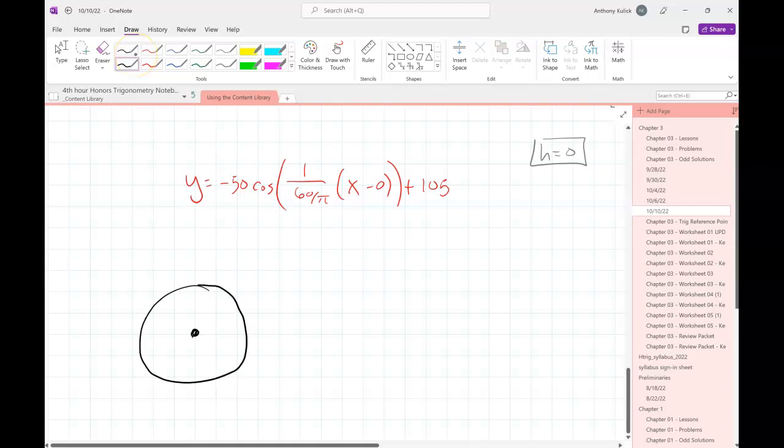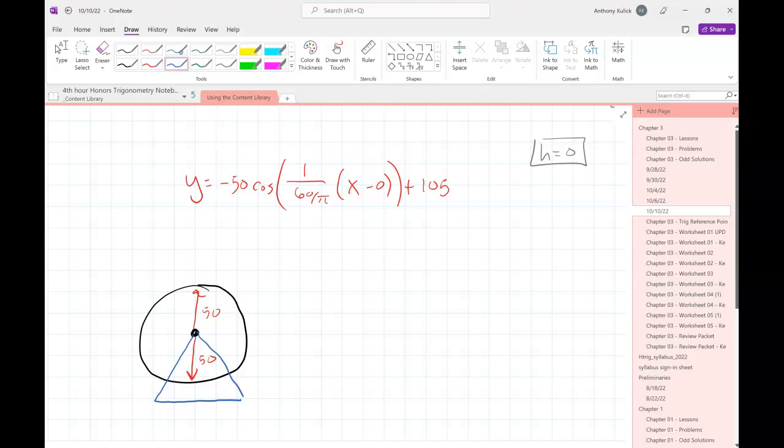So here's the center. Diameter's 50. And the center is 55. Right? So what's this little piece got to be? 5.